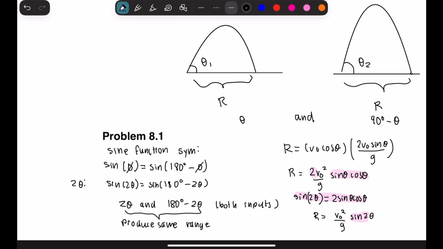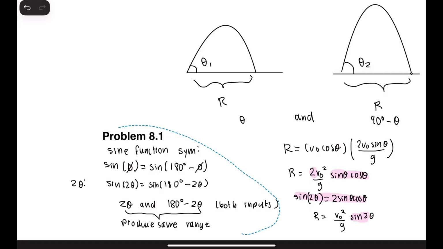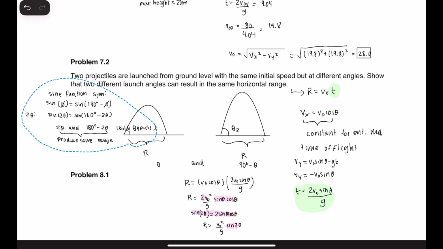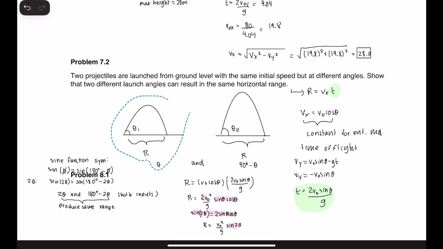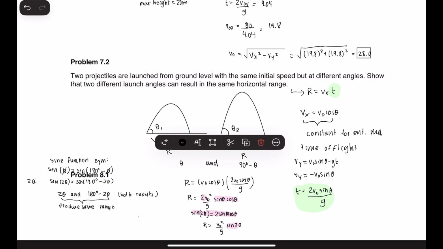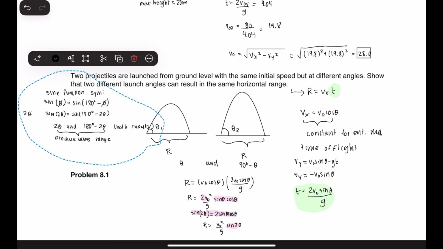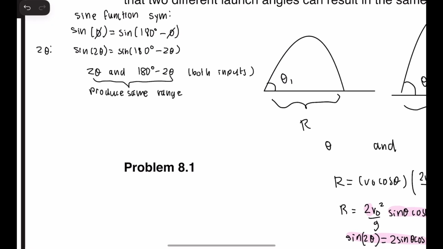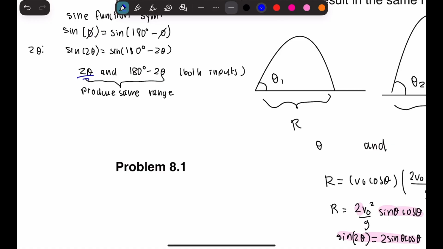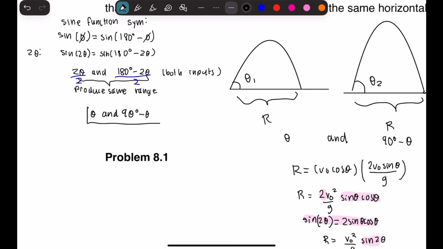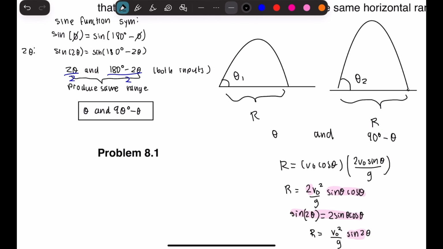So now, if you divide both of these by 2, then we have theta and 90 degrees minus theta. So that's going to be our 2 answers, which was also written over here.